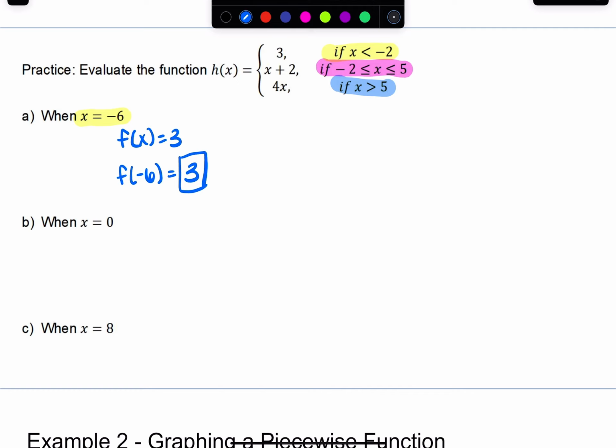All right, part B. X equals 0, that's going to fall in my second interval between -2 and 5. So I'm using my pink equation, or my second equation, which is f of x equals x plus 2, and I'm plugging in 0. So 0 plus 2, which is 2.